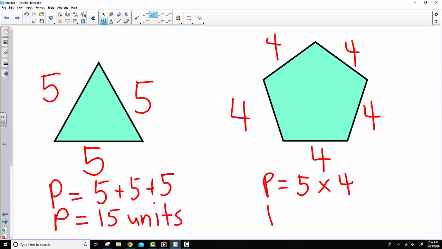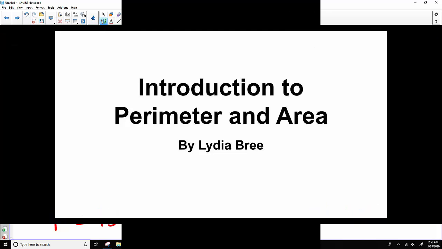So the perimeter of that pentagon is 20 units. I could do repeated addition, but if I know the concept of multiplication, it will make my job much easier. So perimeter is always the outside edge of a figure. Sometimes it requires adding. At other times, multiplication can be used.